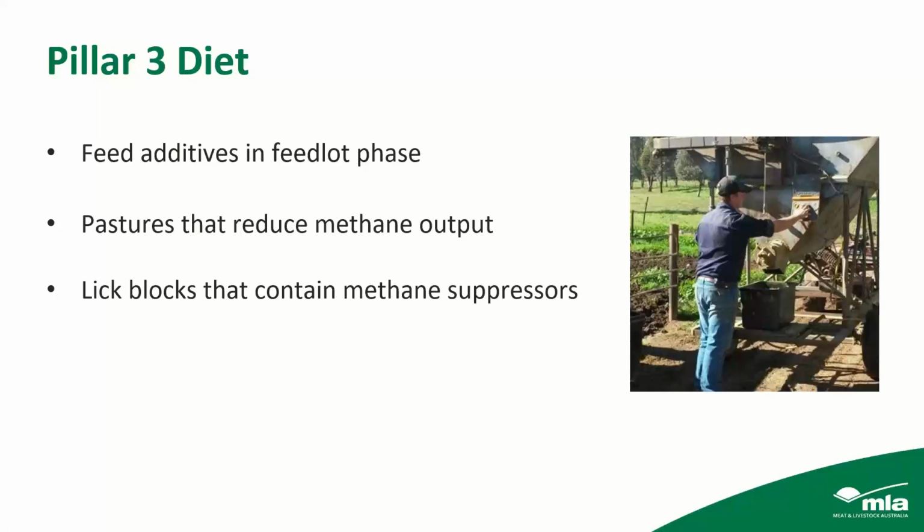Again, we need to reiterate that every time we reduce the amount of methane we're producing, we're increasing the profitability of our herds. We're increasing production. That's a loss out of the system. If we can not let it out of the system for all these different ways we're talking about, then it's going to increase our profitability.